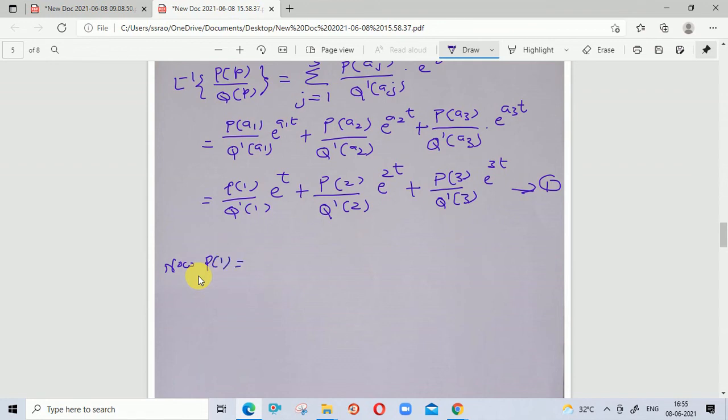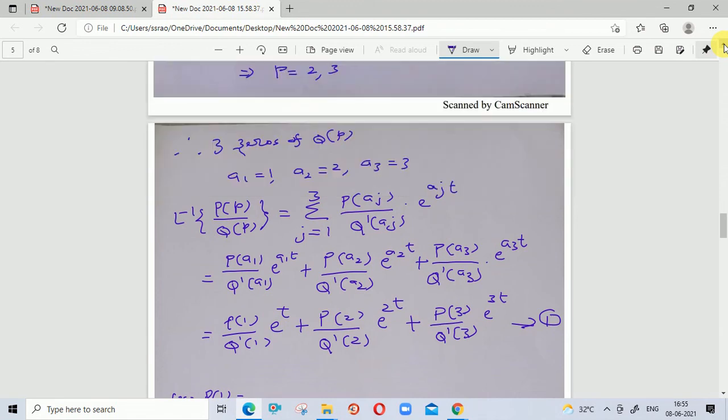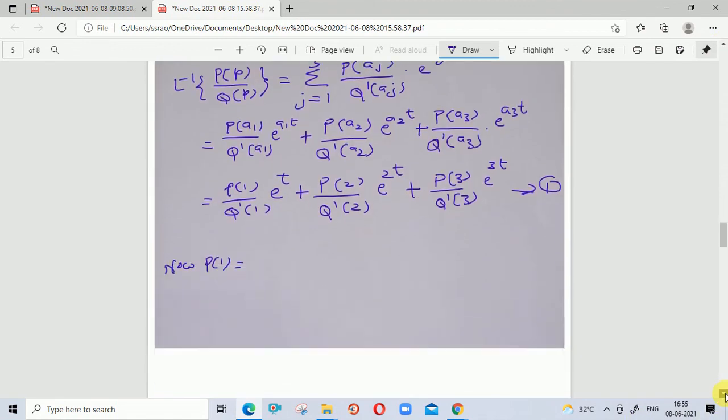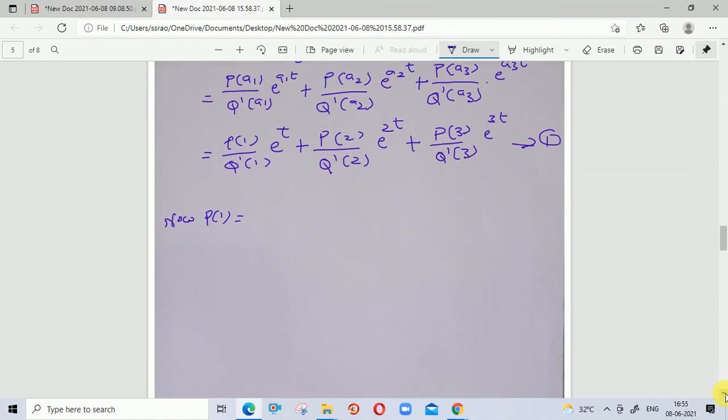So in place of p we write 1. Writing it, 2 into 1 square minus 6 into 1 plus 5. So that is equal to 2 minus 6 plus 5. Okay? So 7 minus 6, that is 1.